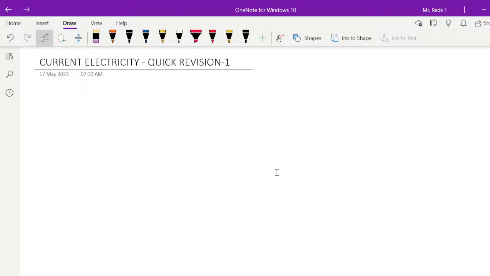Right guys, now let us discuss briefly a few points in this session, especially what is electric current and a few related points: drift velocity, mobility, relation between electric current and drift velocity, Ohm's law, electric resistance, electrical resistivity and conductivity, some related points, electrical energy and power.